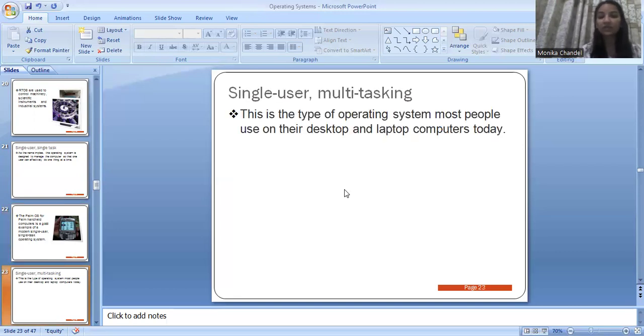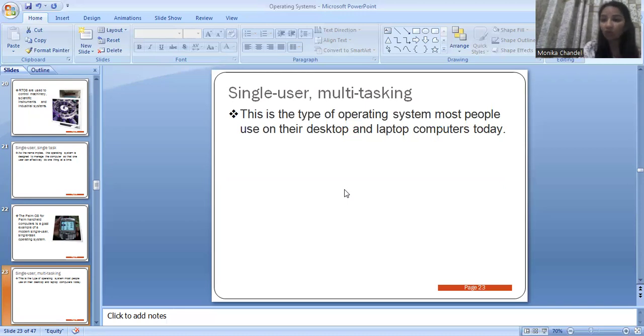And the next one is single user and multitasking. At present, a mobile phone is single user and multitasking. So many tasks are performed by the operating system for a single person at a present time. We can play music at one time, we can type at one time, we can share a screen at one time. We can download anything at any time on our single mobile phone.